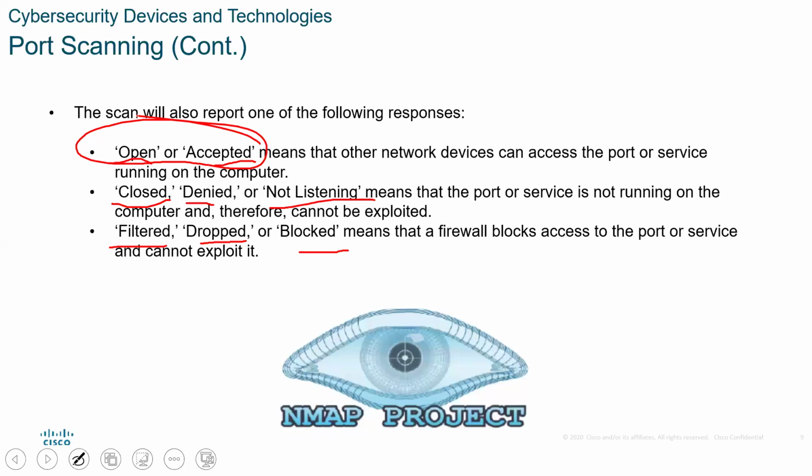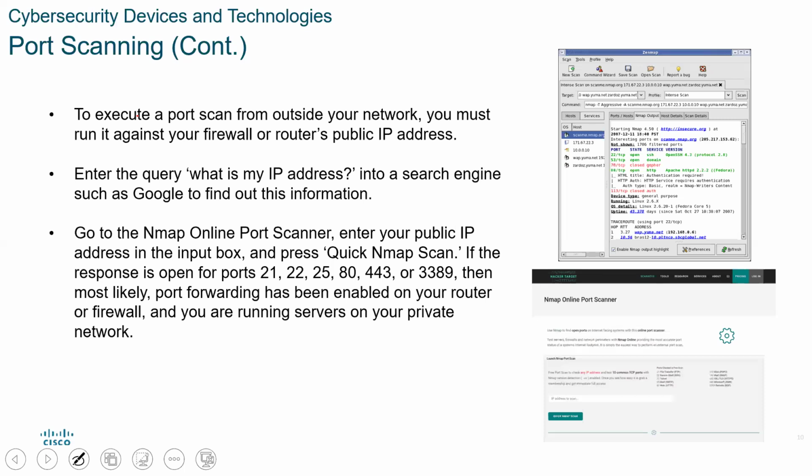So this is how the application looks like if you install it on your system and you're running the scan. To execute the port scan from outside your network, you must run it against a firewall or router's IP address. Enter the query, what is my IP address, into search engines such as Google to find this information.